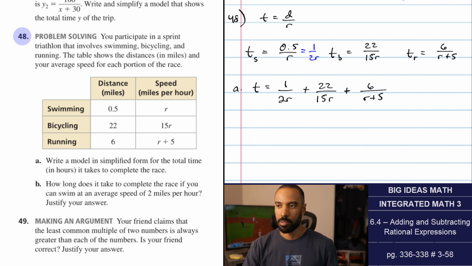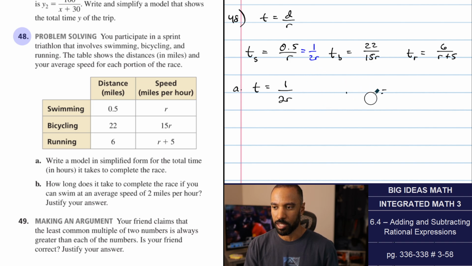They're all missing something else don't got. These both share an r, but this thing's missing a 15 and an r plus 5. Let's distribute that already on top. So hold on a second. Let me split these up a little. Give me a second. Otherwise, this gets really disorganized.